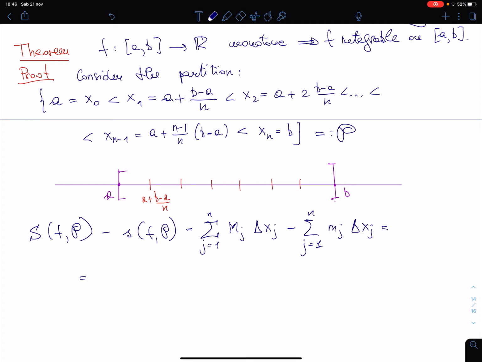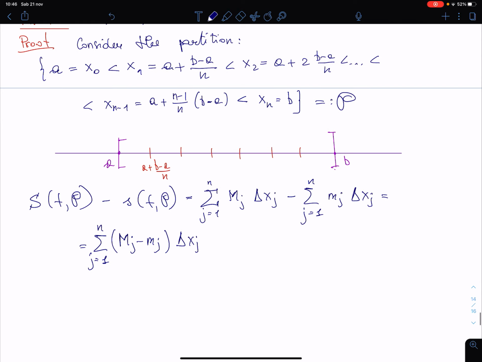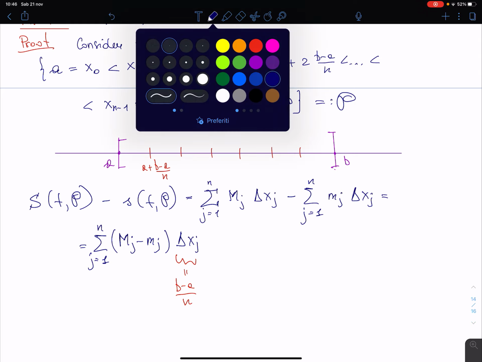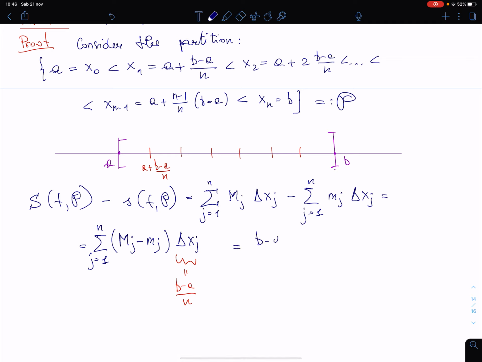Collect everything in just one sum. This is the sum for j from 1 to n of capital Mj minus small mj times delta xj. Now this delta xj is the same for all, so this is equal to b minus a divided by n. So the next passage is to gather out the factor b minus a divided by n, and here to write down the sum for j going from 1 to n of capital Mj minus small mj.